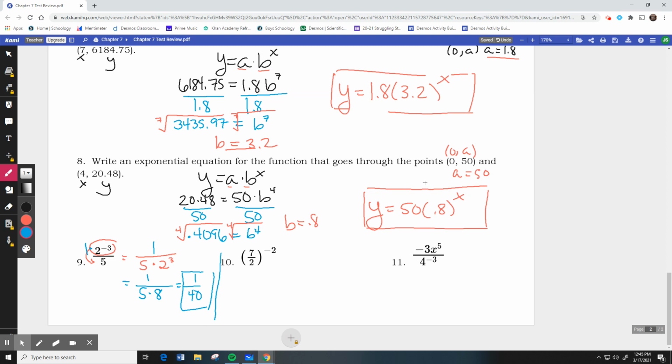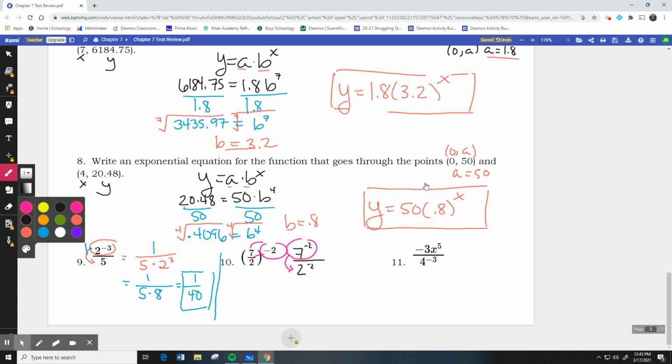Okay, now the next one I notice has parentheses and the -2 on the outside. So now you can think of it as giving that -2 to both things inside. So when I do that, I have 7 to the -2 over 2 to the -2. And I don't want negative exponents.